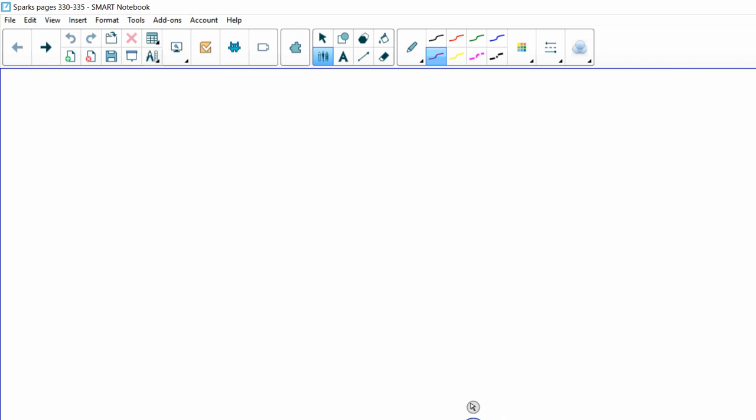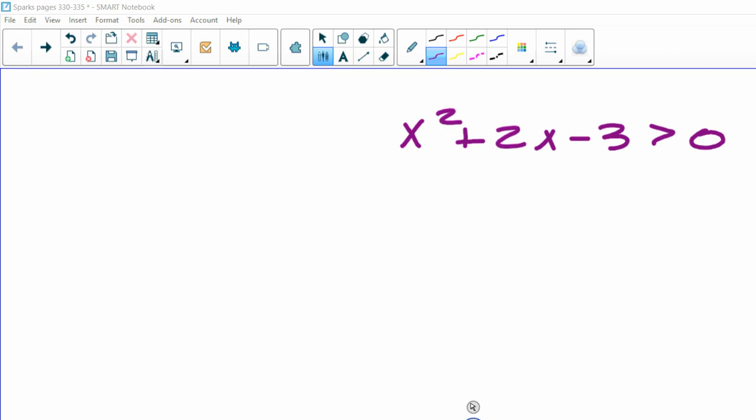I'm going to give you x squared plus 2x minus 3 is greater than 0. This is called a polynomial inequality, and you learned how to solve these in this class. Now, if the question had said this, you would immediately know what to do to solve that.